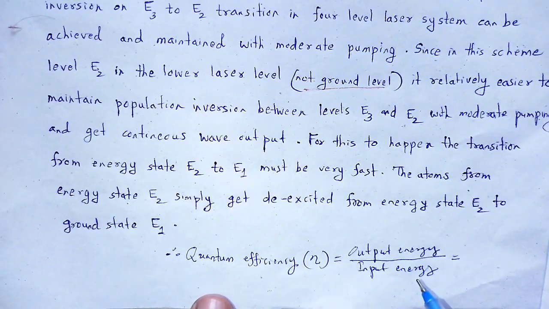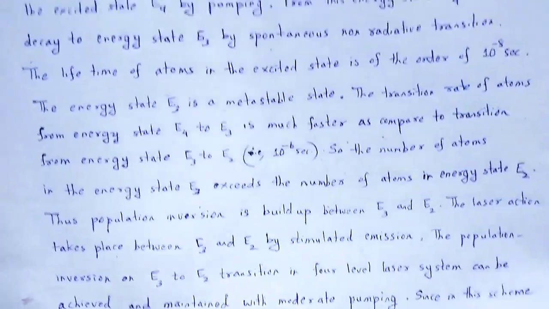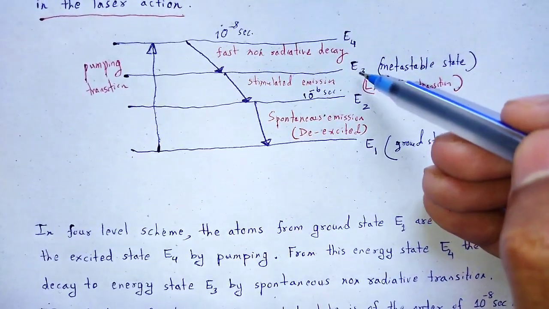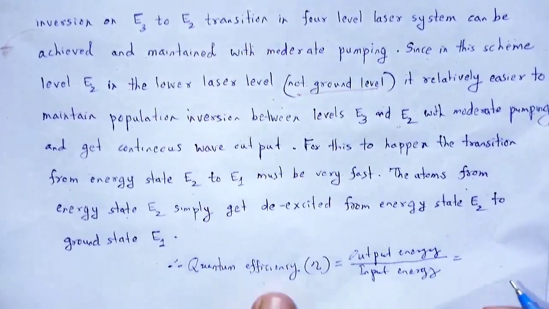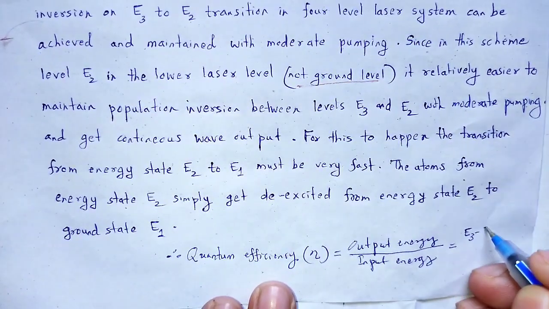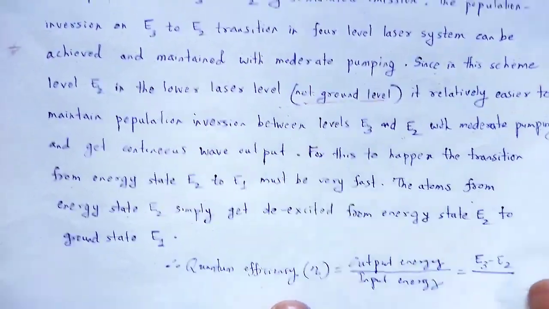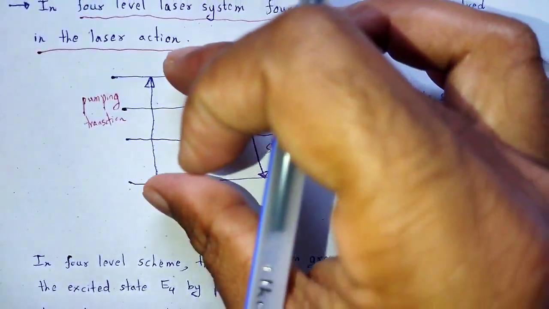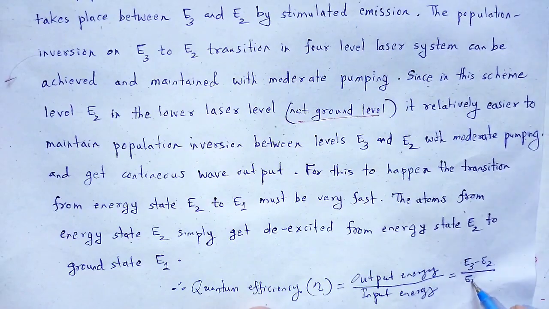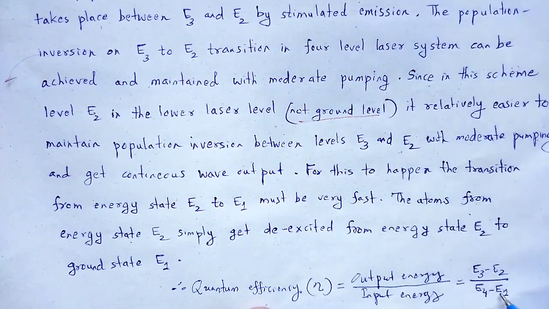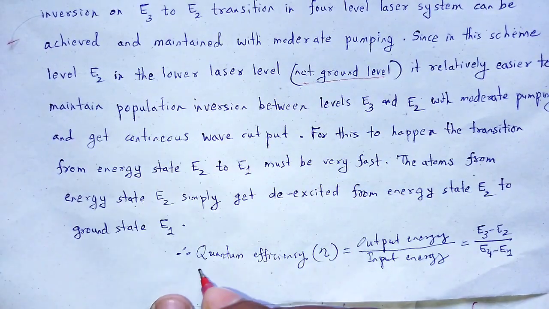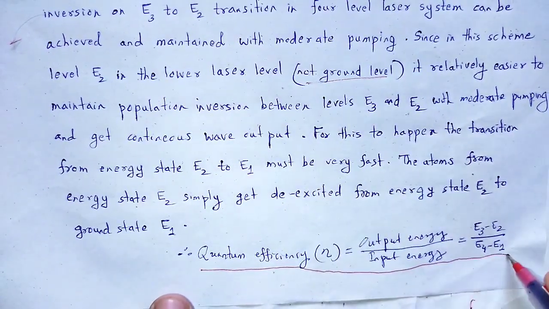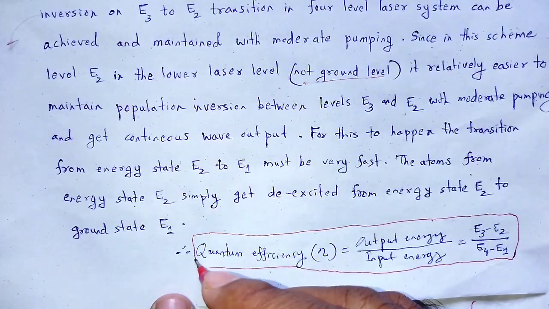The output energy is E3 minus E2, and the input energy is E4 minus E1. That will be the efficiency of a 4-level laser system.